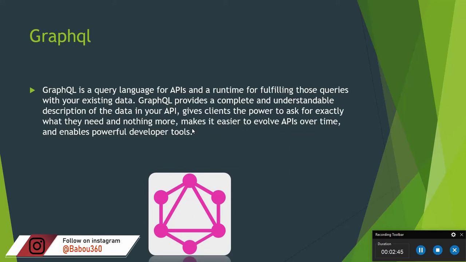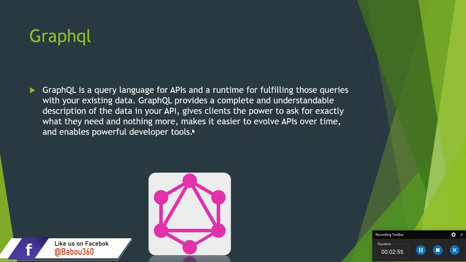GraphQL, this is simply a query language for your API, and of course, since we are creating an API, we're going to use GraphQL as a query language. Yes, we are using GraphQL because it has some advantages over traditional RESTful APIs.